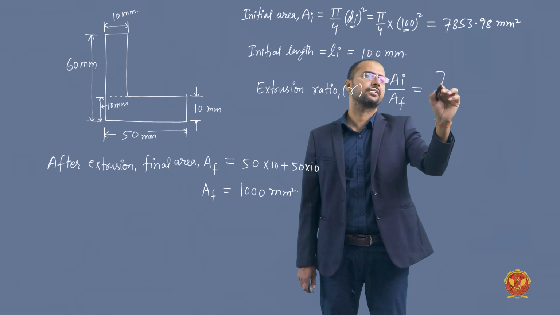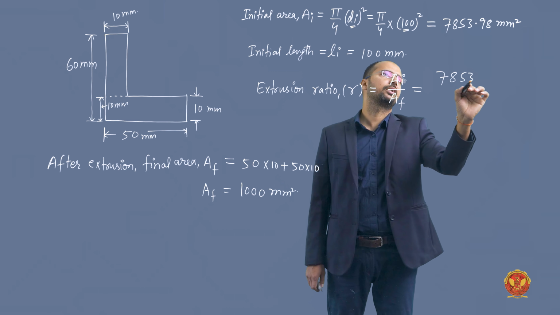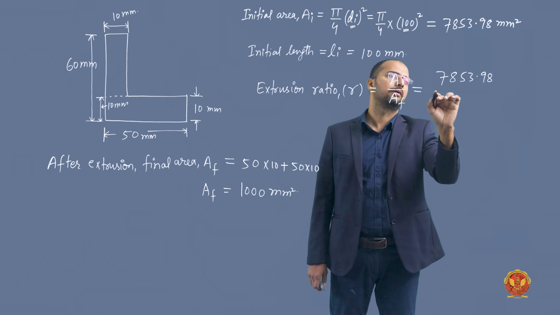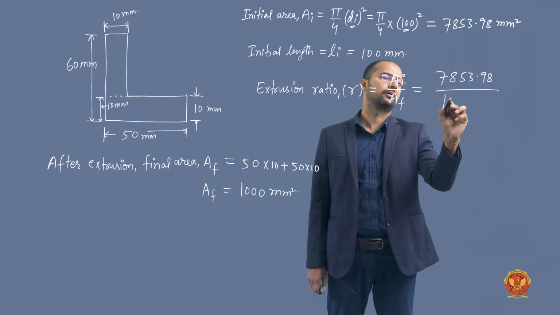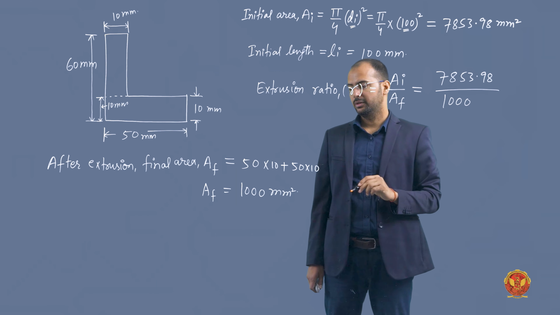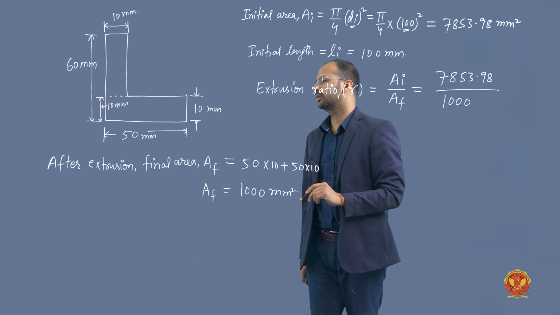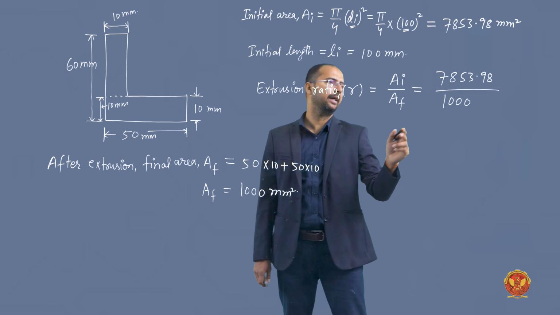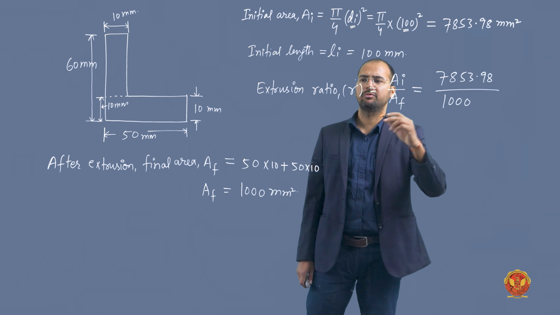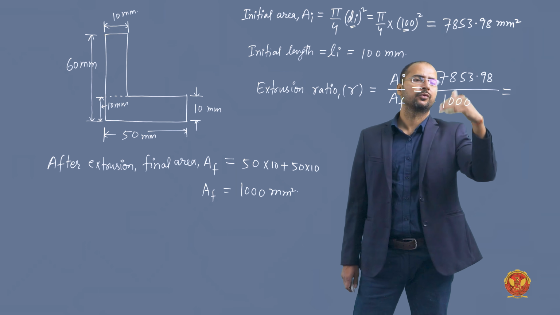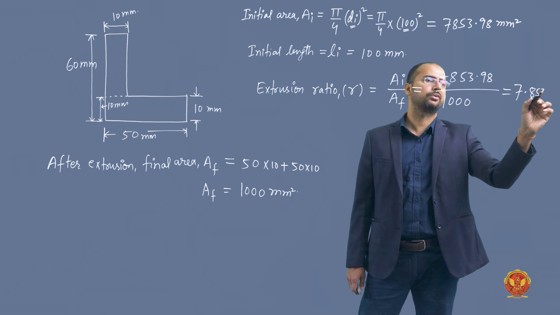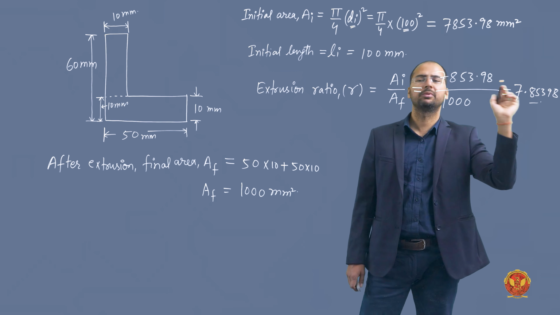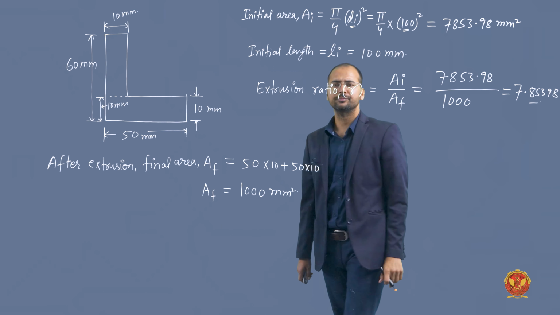Initial area is given as 7853.98 divided by final area 1000 millimeter square. So the value of R we will get as 7.85398. This will be the extrusion ratio.